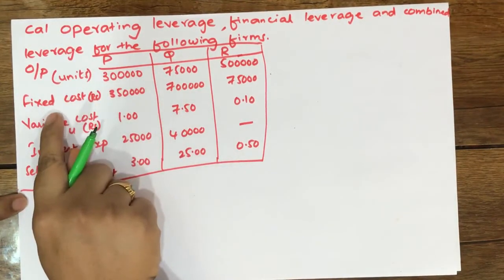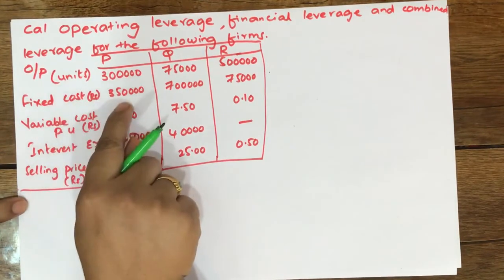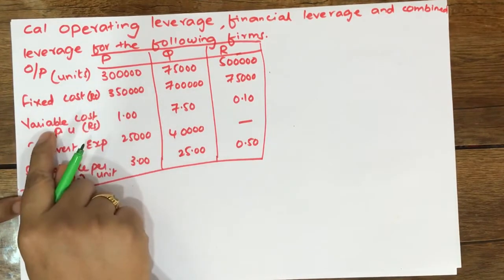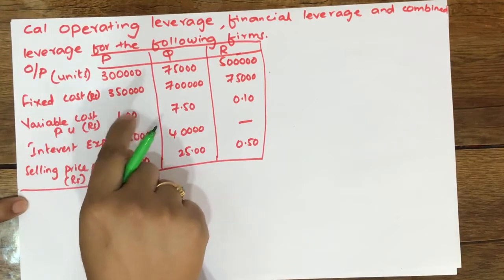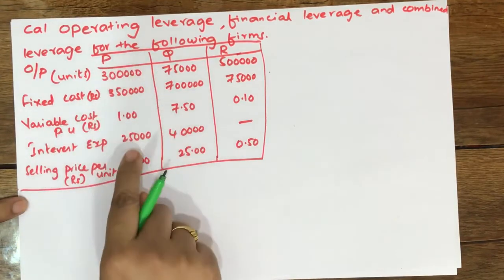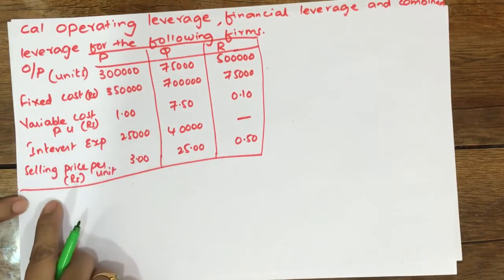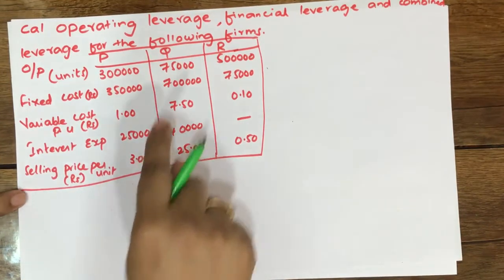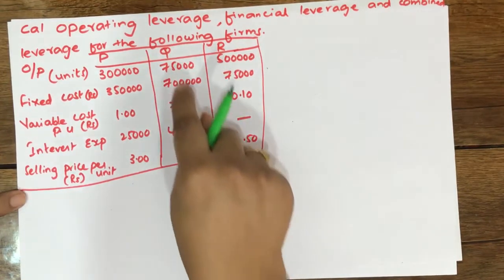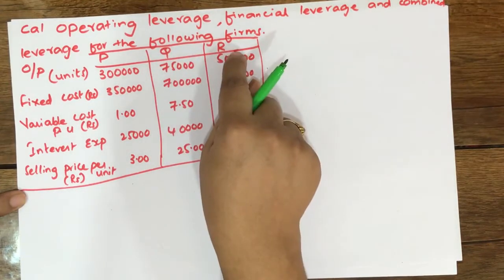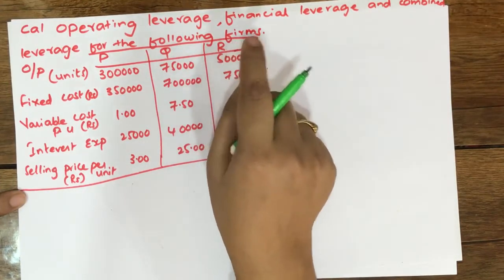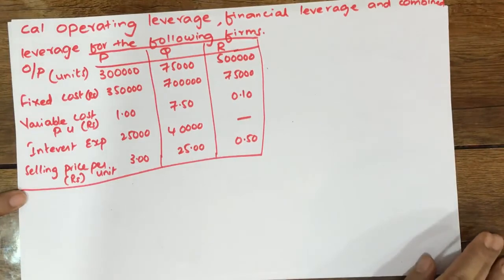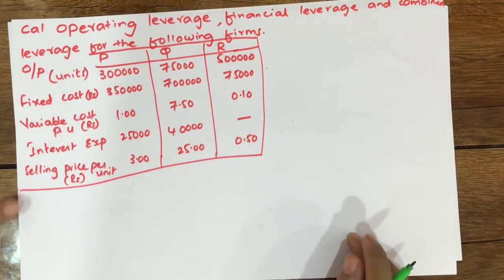Its fixed cost, which remains constant, is 3.5 lakh rupees and variable cost per unit is 1 rupee. Interest expense of firm P is 25,000 rupees and selling price per unit is 3 rupees. Similarly, data is given for firm Q and firm R. So let us find out operating leverage, financial leverage and combined leverage for the given data.